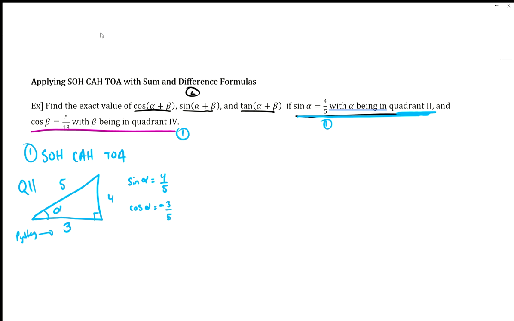And then our other step 1 is still SOH CAH TOA. It's just with different information. So I'm just drawing a generic right triangle with angle, now that's beta. And then we've got cosine of beta is adjacent 5/13.